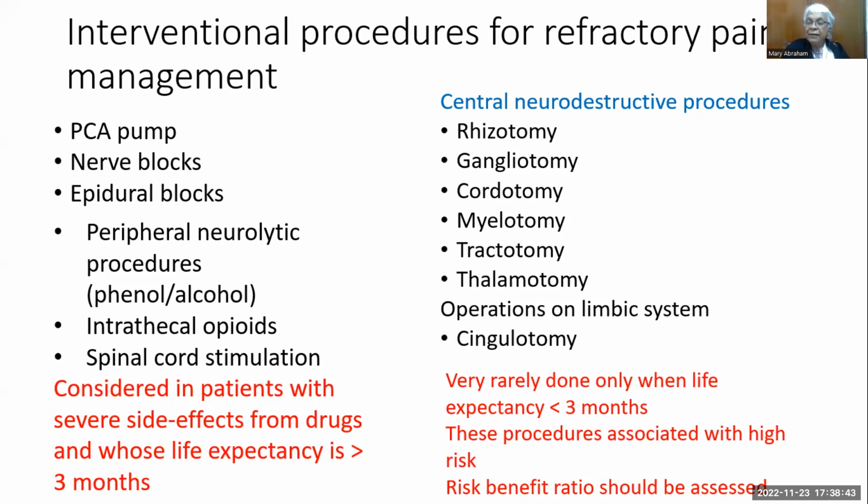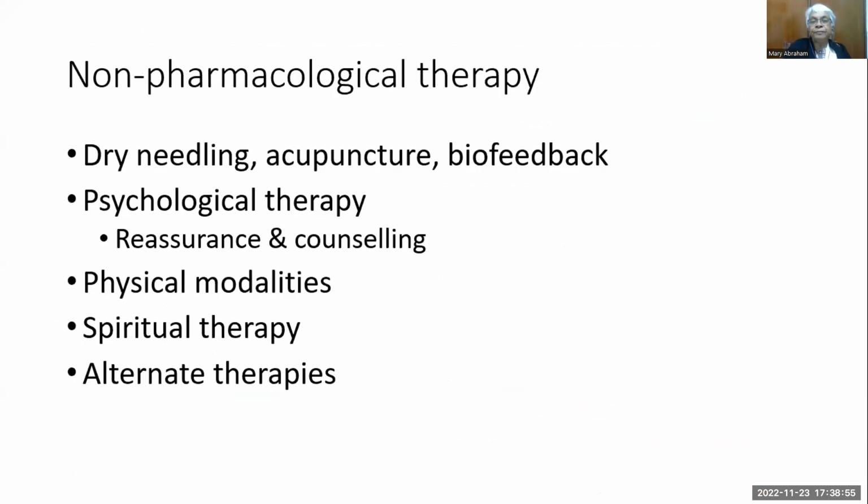It's very rarely done, and only if the life expectancy is less than 3 months can you consider doing it. I've personally never seen any of these procedures being done for refractory pain.